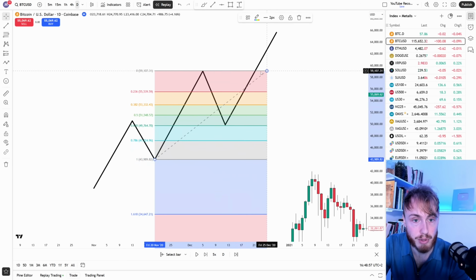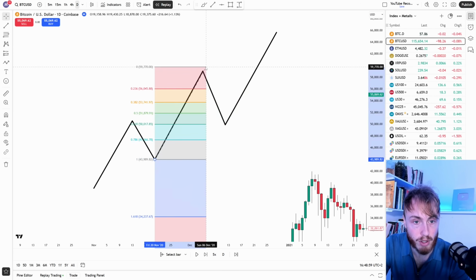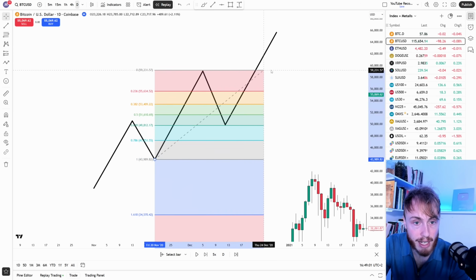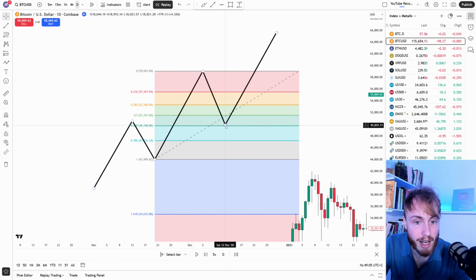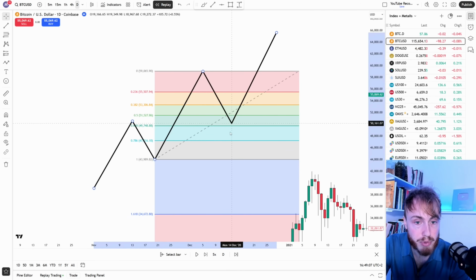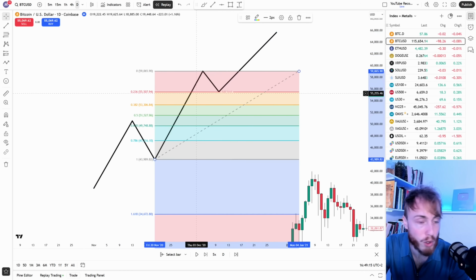So as you can see, we draw the Fibonacci from this point all the way up here, and then we drag it to the right here. And what the Fibonacci tells us is how much the price has pulled back compared to the original move. So if we have a trend that looks like this, you can see that this right here is a very small pullback.